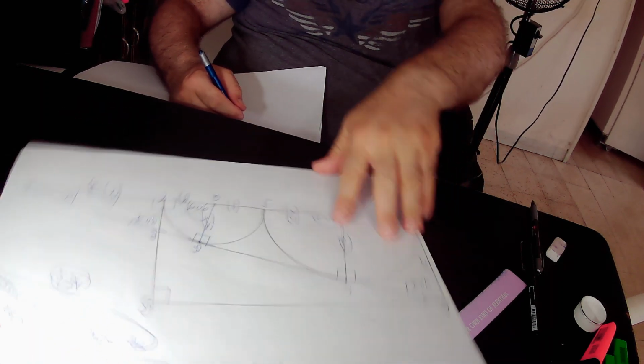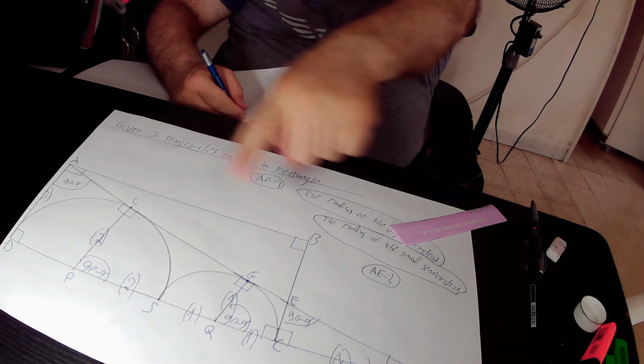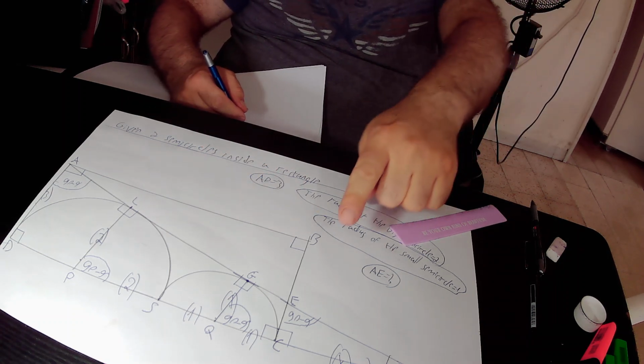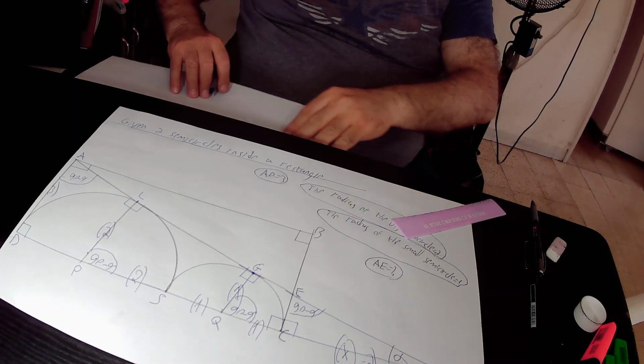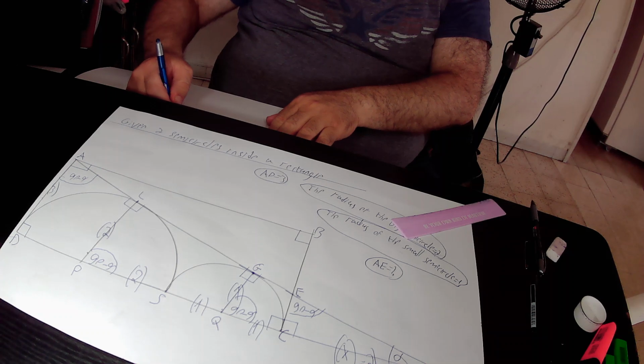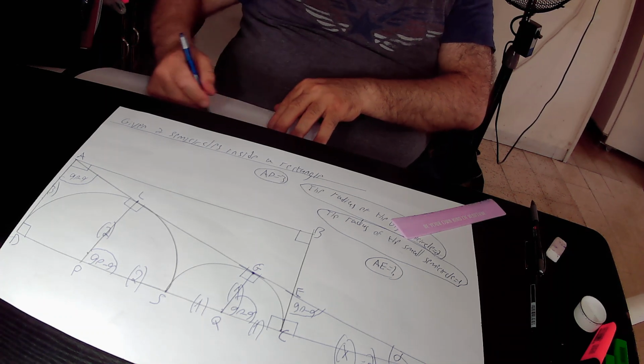So why is the biggest right triangle similar to the smallest right triangle in this drawing?